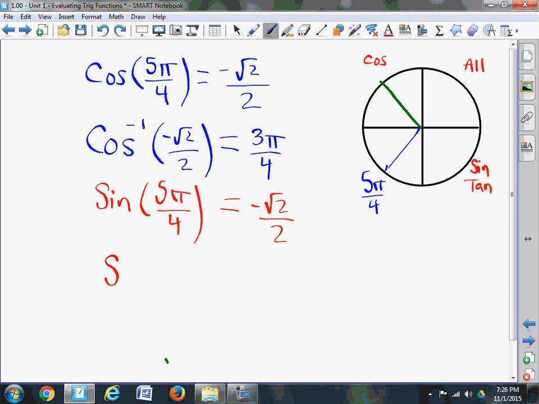However, the inverse sine is going to be in a different quadrant. It's going to be this angle over here, which they're not even going to call 7 pi over 4, but negative pi over 4. Again, they want a continuous range, so I'll tell you what I mean by that in a second.